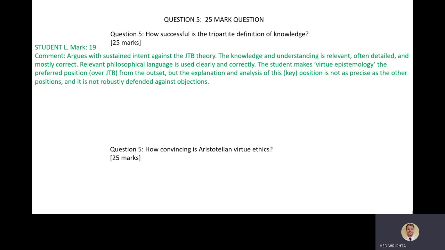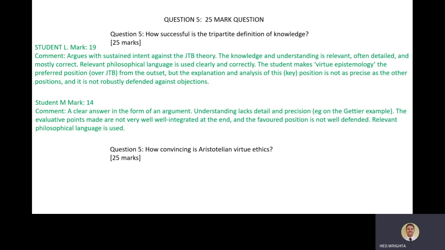Okay, so 19. Student M, 14. Clear answer in the form of an argument. Understanding lacks detail and precision, for example in the Gettier example. The evaluative points made are not very well integrated at the end, and the favoured position is not well defended. Relevant philosophical language is used.